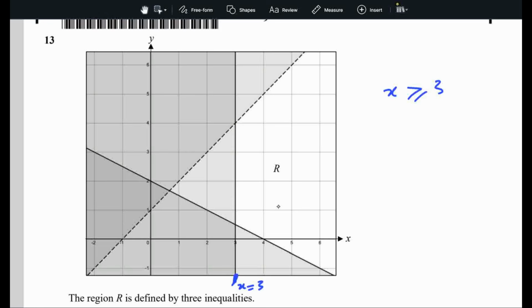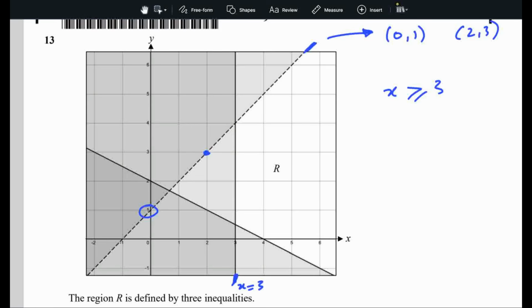Now for this dotted line, we have to find the equation. We know that the y-intercept is 1. So we have to find the gradient now. For gradient, we can use any two points. Let's say one point is 0 and 1, and the other point is 2 and 3.